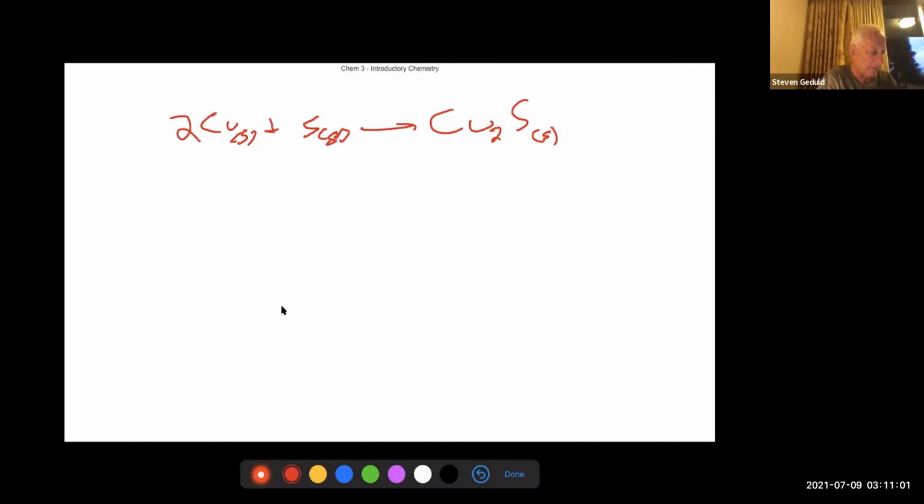Okay. I can't see them real clear. It says the reaction of strontium with oxygen is similar to the reaction of magnesium with oxygen. Write the balanced chemical equation for the reaction of strontium with oxygen.